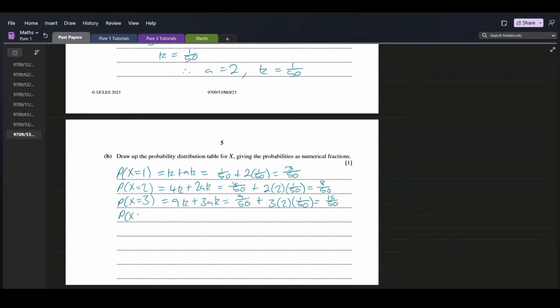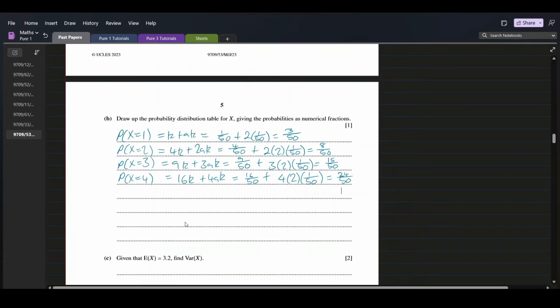Then the probability that x is equal to 4, and this is 16k plus 4ak, and so that's 16 over 50 plus 4 times 2 times 1 over 50. So that's 16 plus 8, which is 24, and that's over 50.